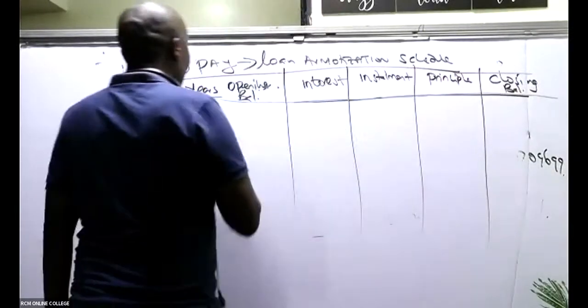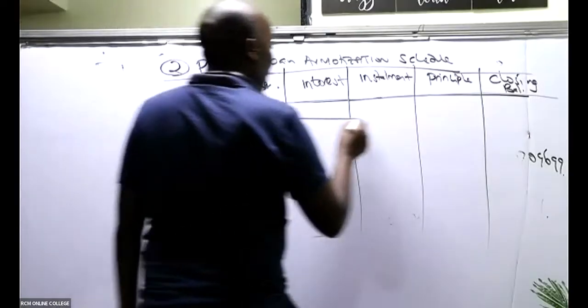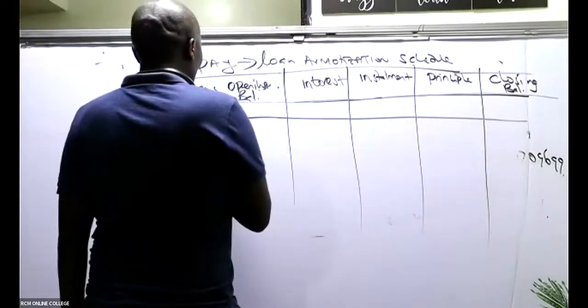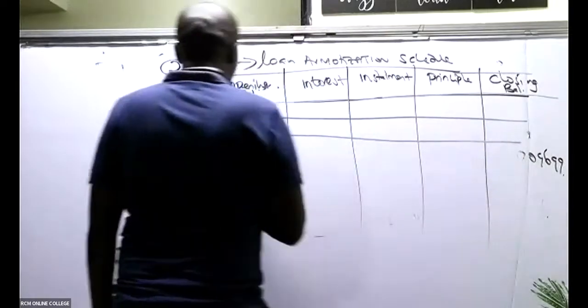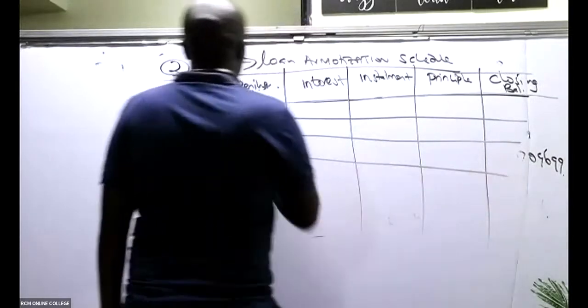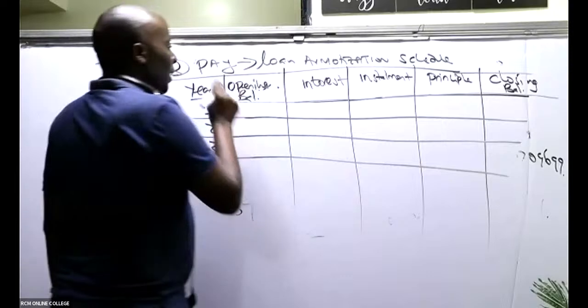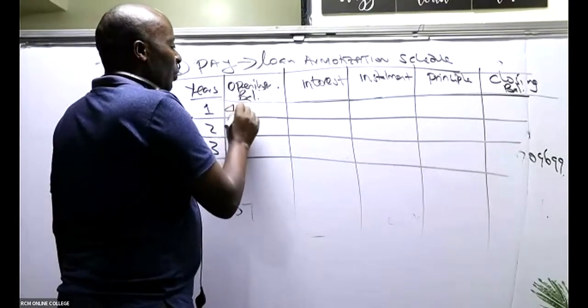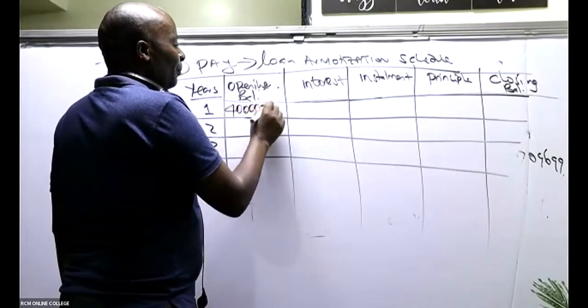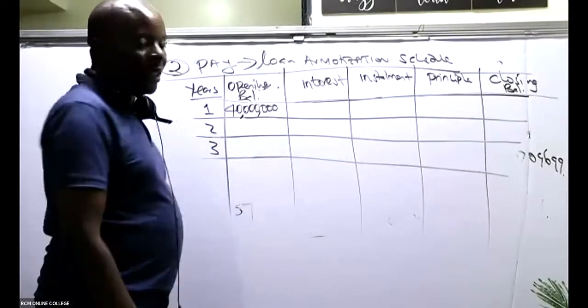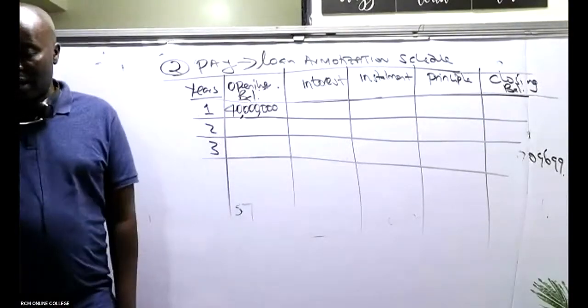Ladies and gentlemen, what do we start with here? We know that our obligation is the total lease liability, the one we said we work with, the 40 million. That's our opening obligation at the beginning of year 1.